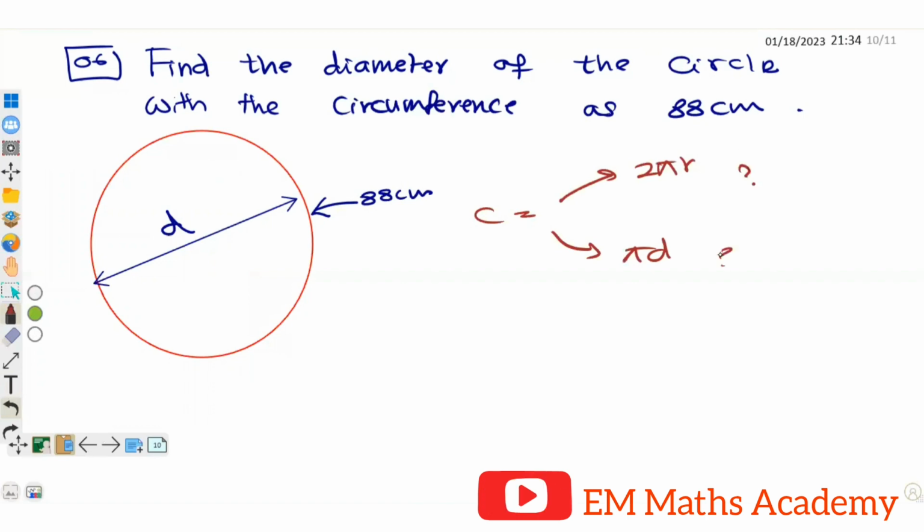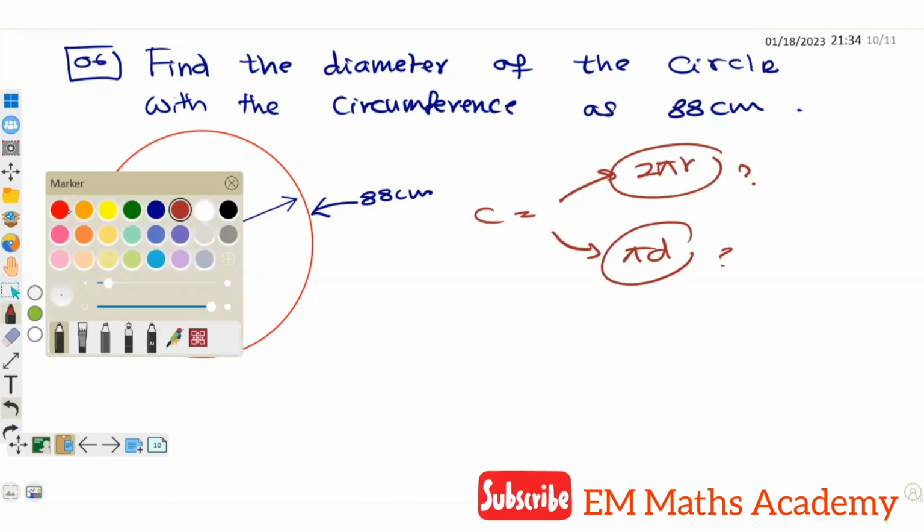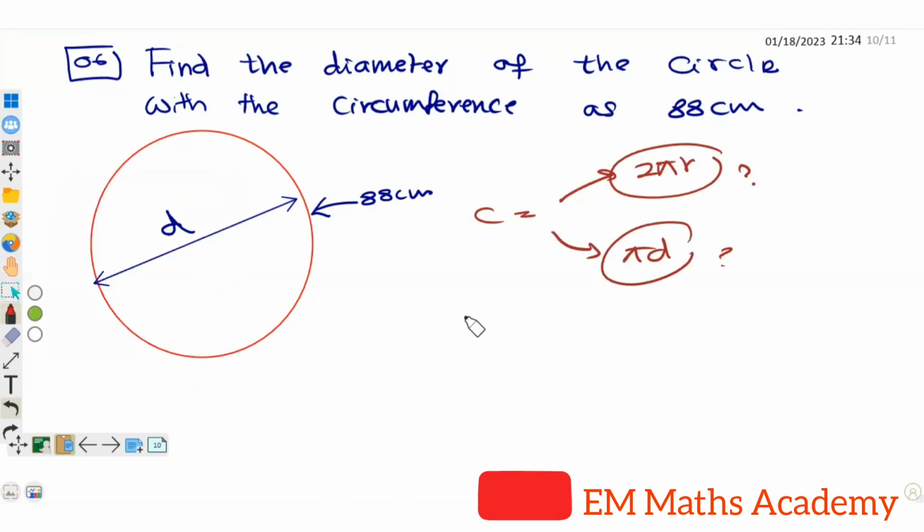Okay, tell me what is the equation we use? Is it the first one or the second one? Second one. Second one. Very good. Then C is equal to pi D. Then 22 upon 7 times, instead of diameter, we use the symbol D. The circumference is 88.